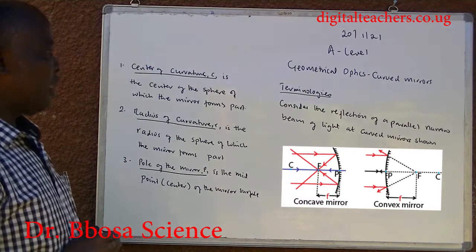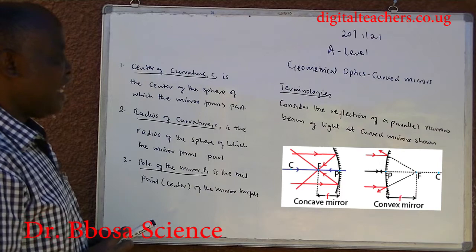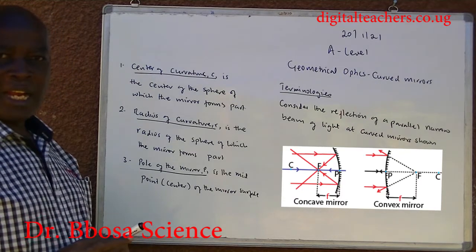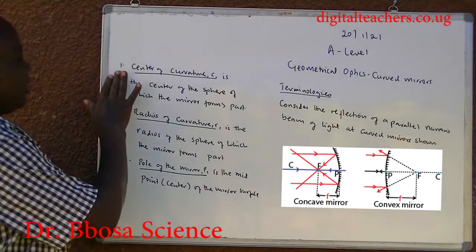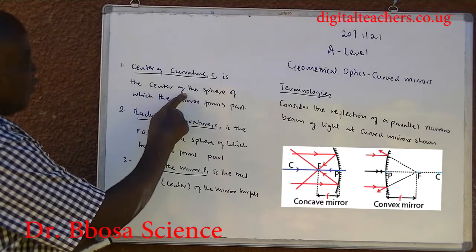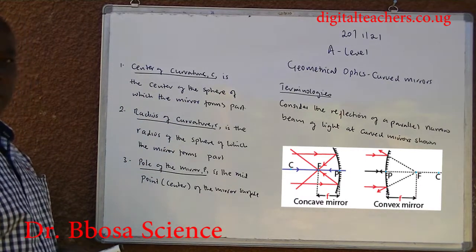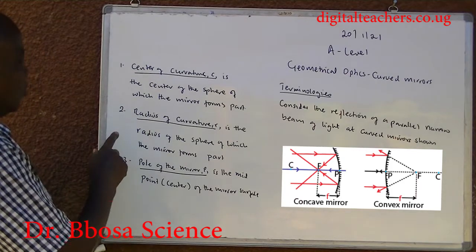Terminologies. Consider the reflection of a parallel narrow beam of light at curved mirrors shown below. 1. Center of curvature C is the center of the sphere of which the mirror forms part. 2.